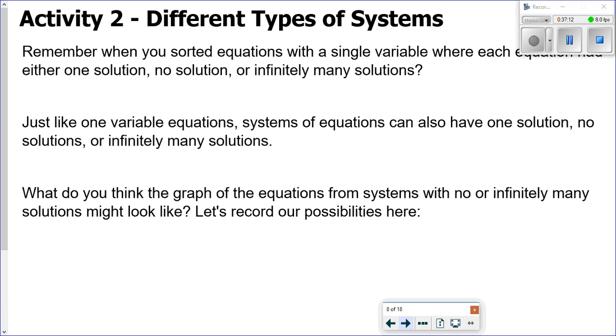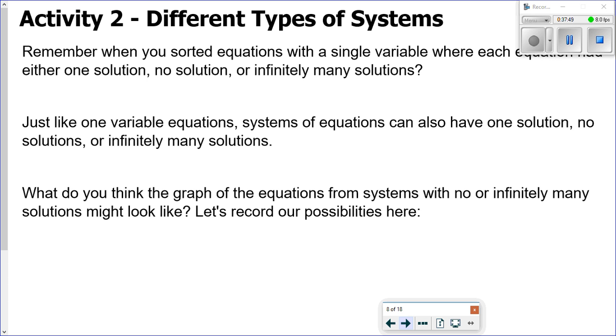So we briefly touched upon that on the last slide. Actually, at the top of page 71, question 2 does address this. Describe what the graph of a system of equations looks like when it has one solution, zero solutions, and infinitely many solutions. So we will get there. So we'll do that next.